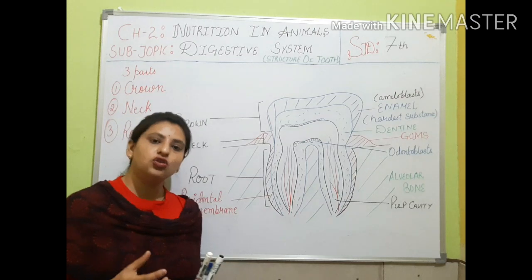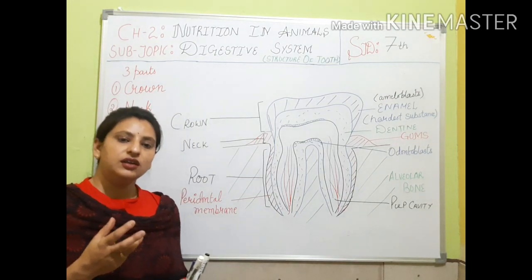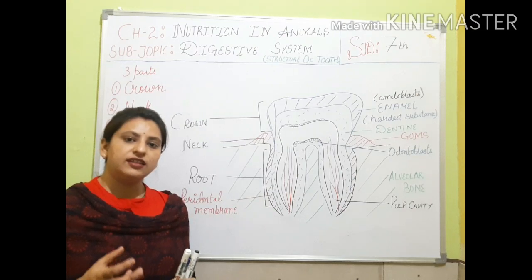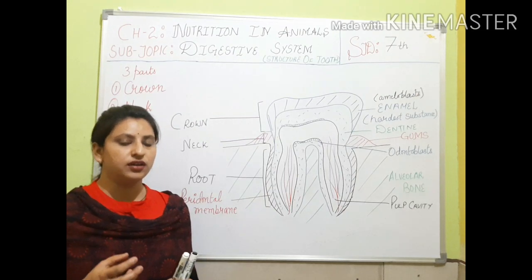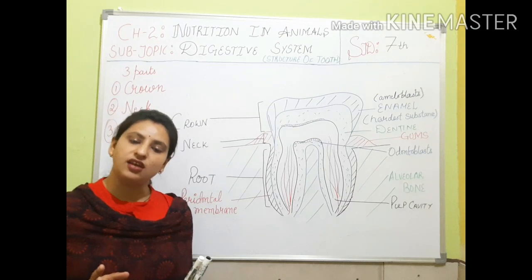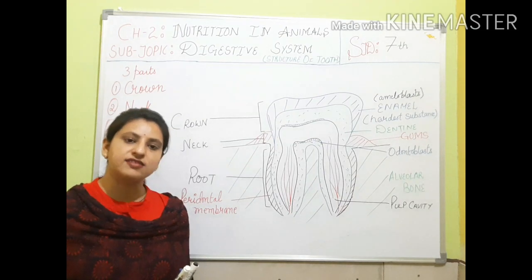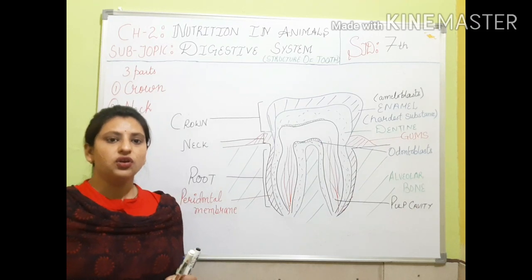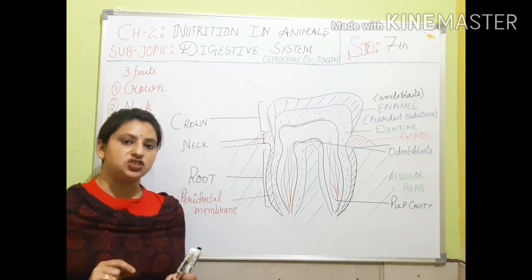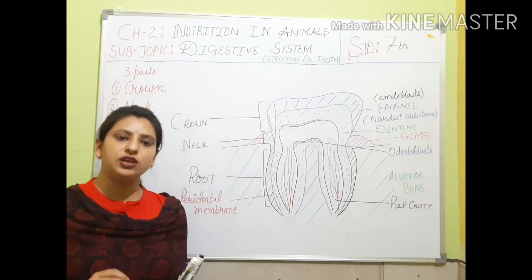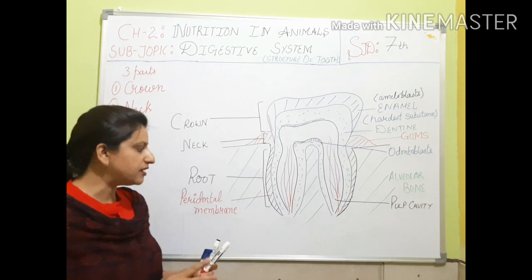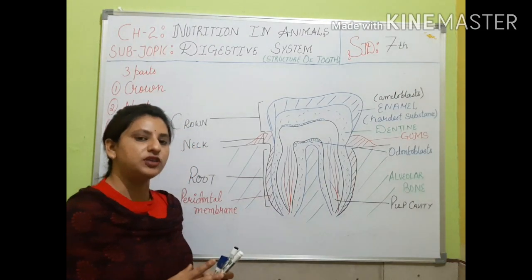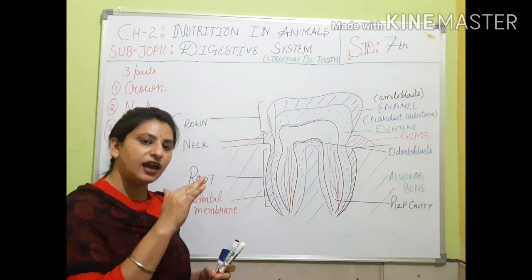As we also know, on the basis of shape, the human teeth are heterodont. It means they are not the same in shape; they have different shapes as incisors, canines, premolars and molars. All have basically this type of structure, but they differ from each other in the upper part.